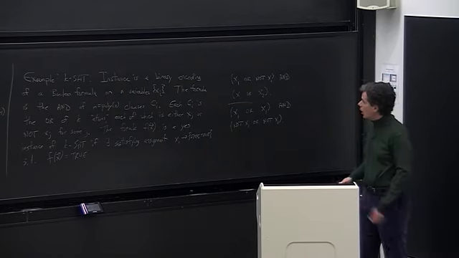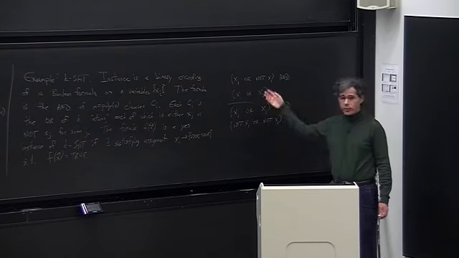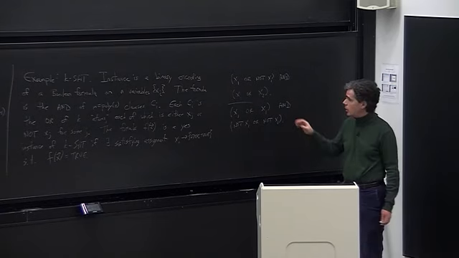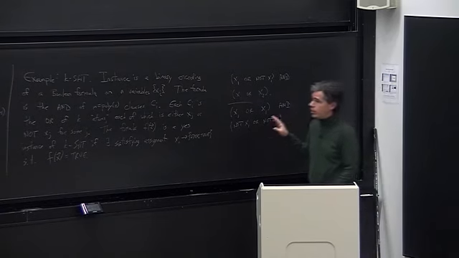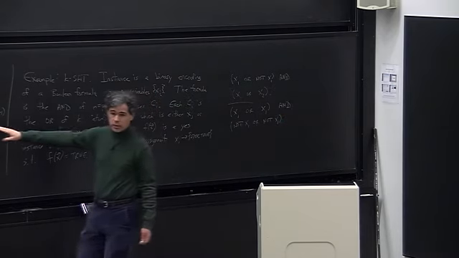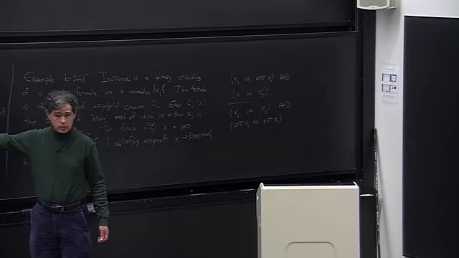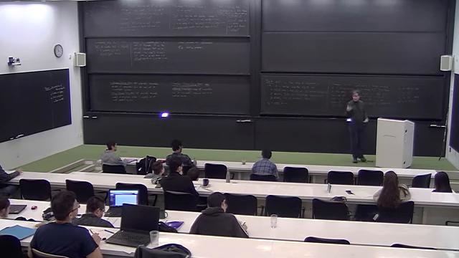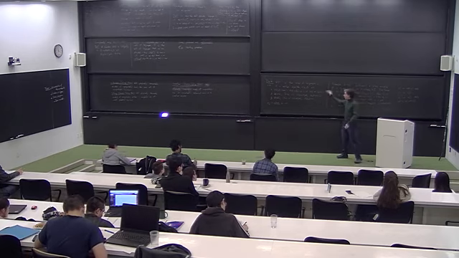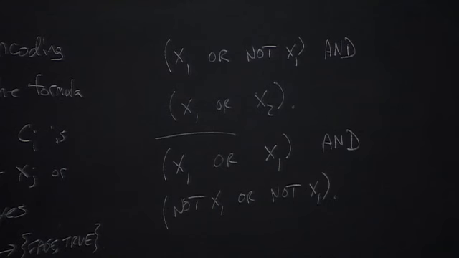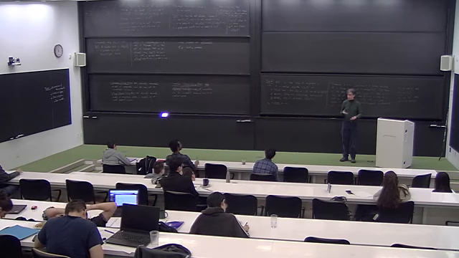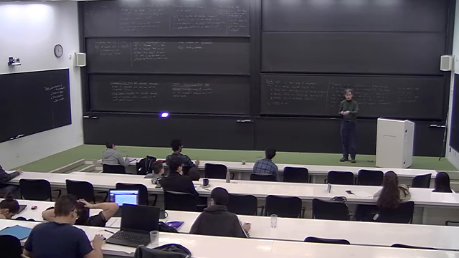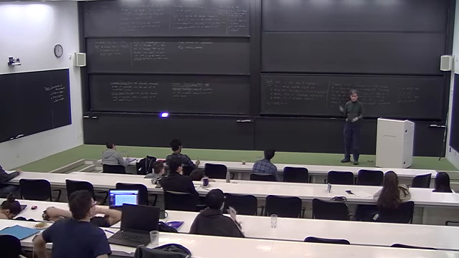OK? And so hopefully those two examples help you see that this problem is in NP. Because what's the verifying algorithm? Well, first of all, what's the witness? The witness is, I'll give you some assignment of variables. I'll say x1 is true, x2 is false, x3 is true, and so on.